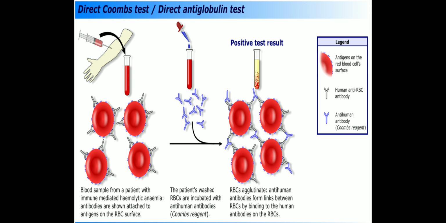That is known as a direct Coombs test or direct antiglobulin test. Antiglobulin means anti-human globulin, AHG. What do you mean by DCT positive? DCT is the direct Coombs test. If DCT is positive, that indicates that the patient's RBCs are coated with some antibodies. Okay, so that's clear.